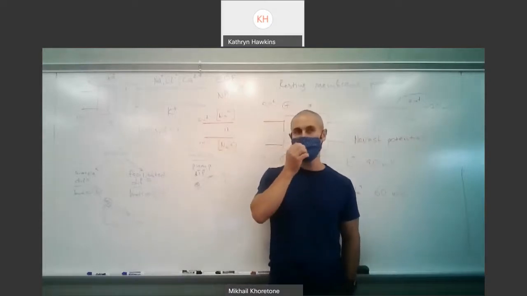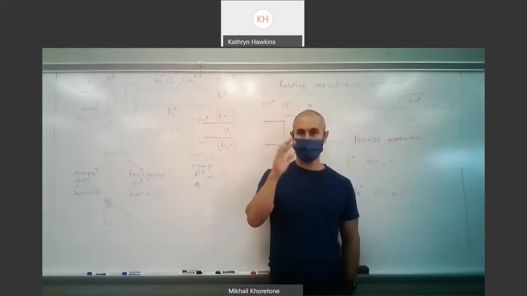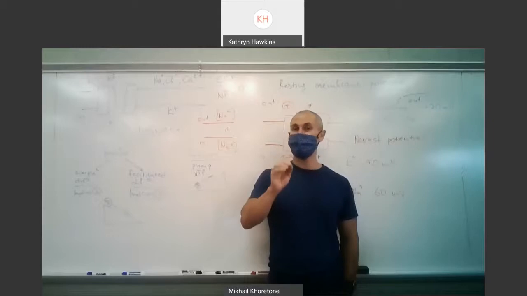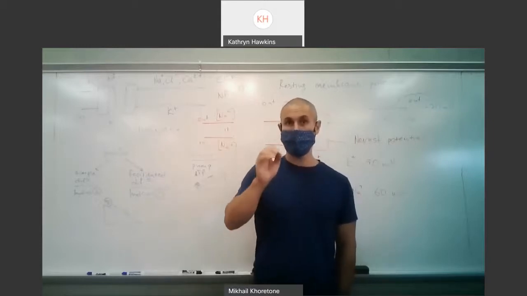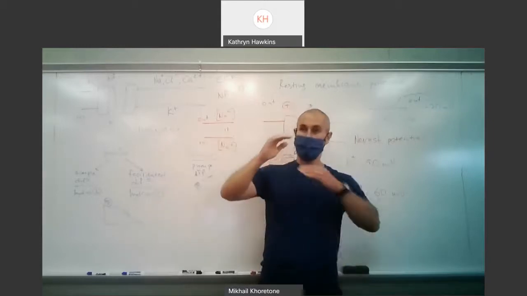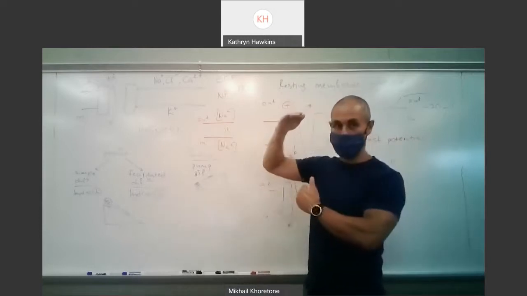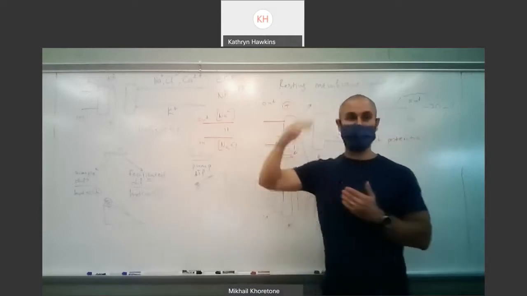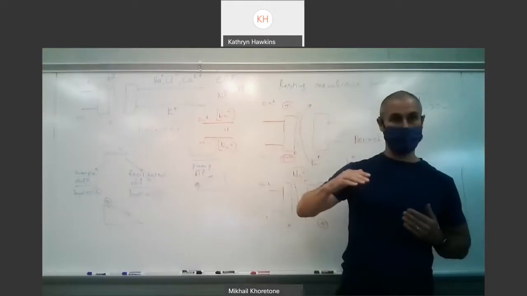I hope I understand your question, and there's no insult here. So Nernst potential is a theoretical parameter. You can calculate it, and it depends on the difference of concentrations outside and inside.